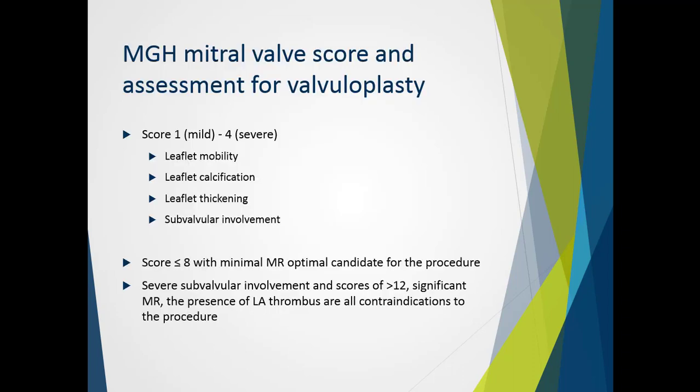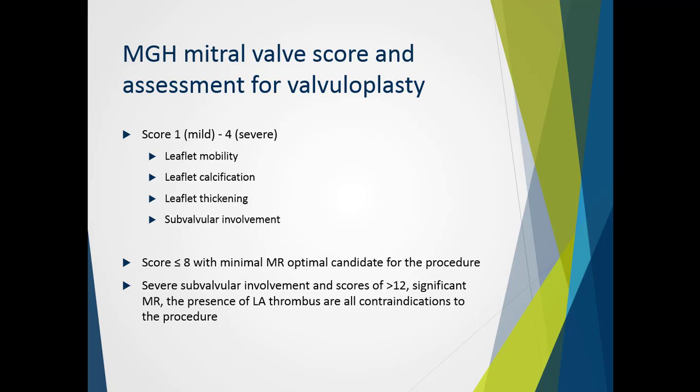There is the Wilkins score for assessment of whether valvuloplasty is something that we should consider. Basically, we give a score of 1 to 4, 1 being very mild and 4 being severe, for each of the 4 categories: leaflet mobility, leaflet calcification, leaflet thickening, and subvalvular thickening.